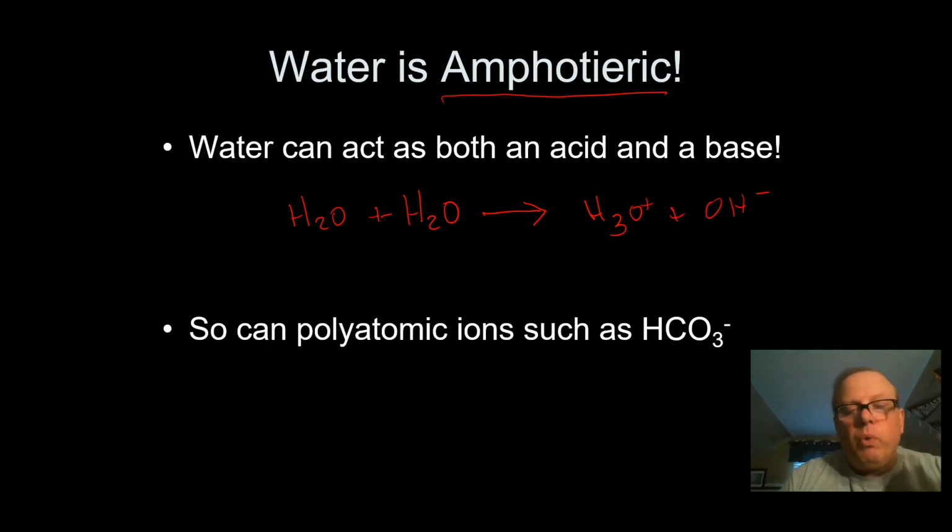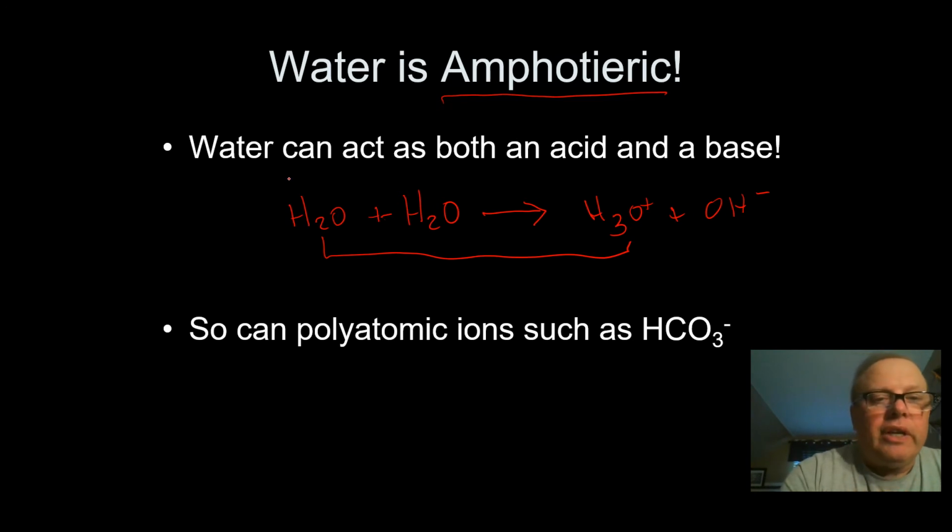Now, when I start connecting these things, it doesn't matter which water I choose, but it matters what I label them as after I choose them. So if I want to go from here to here, this water has gained a hydrogen, which means that it had to act as the base. And that means that hydronium over here is the conjugate acid.